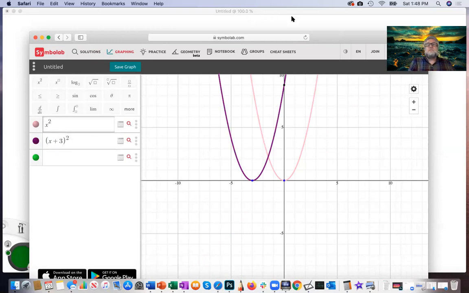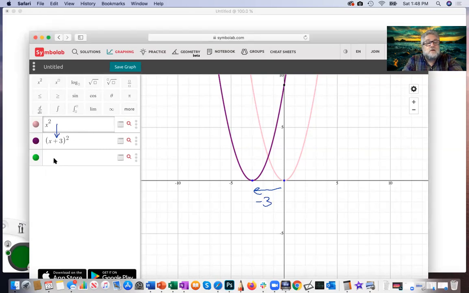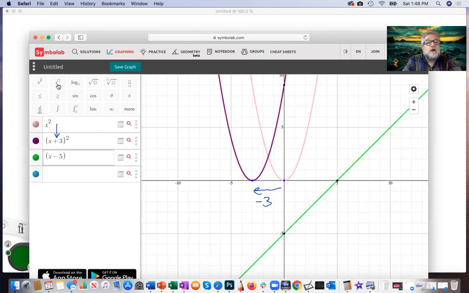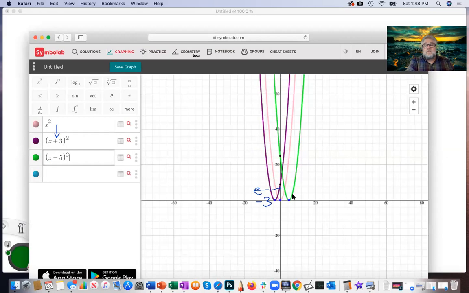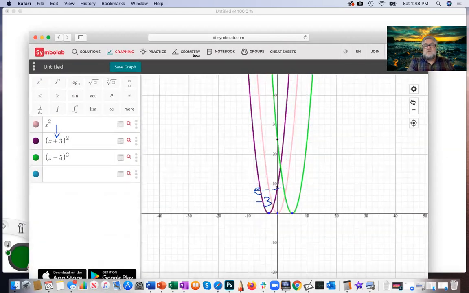This is a positive right here, but this has been shifted in the negative direction. I wonder if that's a coincidence. I don't know. Okay, let's try another one. Let's do x minus 5. That'll be fun.